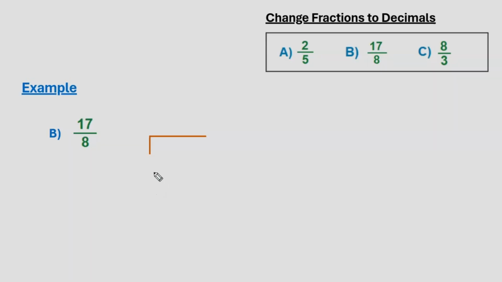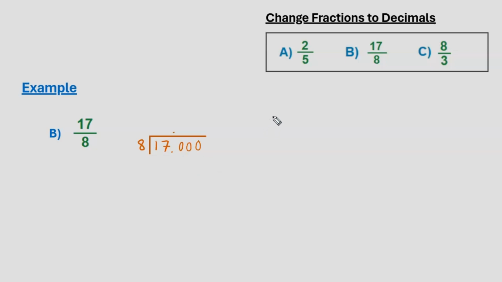For example B, we can look to convert 17 over 8 to a decimal. So we again set up as a division sum, but we can place the necessary decimal point at the beginning, along with the extra zeros, as we know we'll need them, or some of them possibly, to bring down as we do our division.